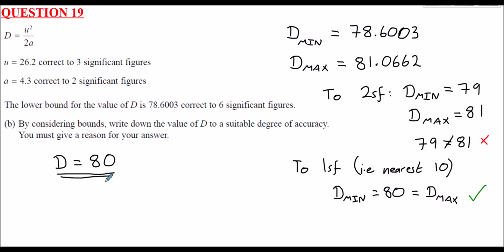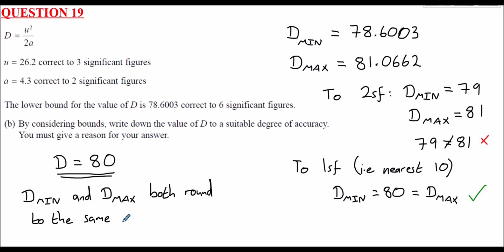And the reason is that D min and D max both round to the same value, which is 80, if rounded to one significant figure.